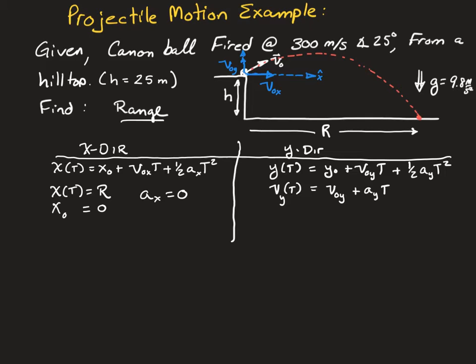Over on the y side here, I know that y after time of flight, well, that's equal to minus h. Since I chose the coordinate system on the ball, it will fall down below the height of that cliff. So that'll be some negative number. v0y, that's going to be that v0 sine 25 degrees, where my 25 degrees is right there.